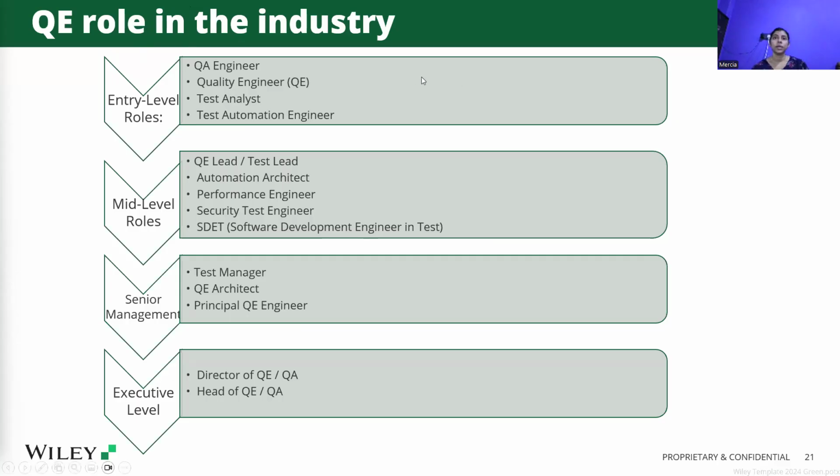There can be quality engineer, test analyst, and specialists like test automation engineers. The mid-level roles are QE lead, test lead. We also have architects, like automation architect. Also, there are specialties, like if you want to specialize in performance or security, there are performance engineers and security engineers.